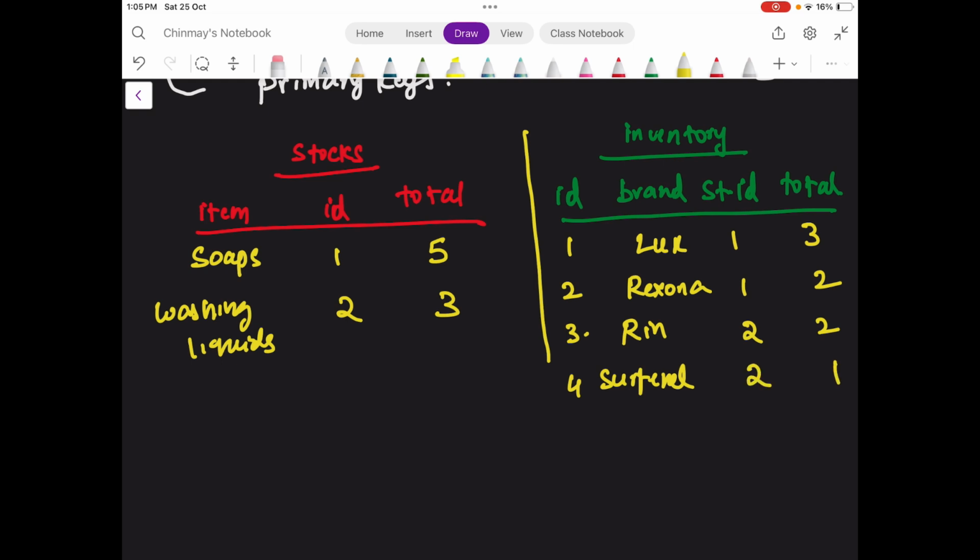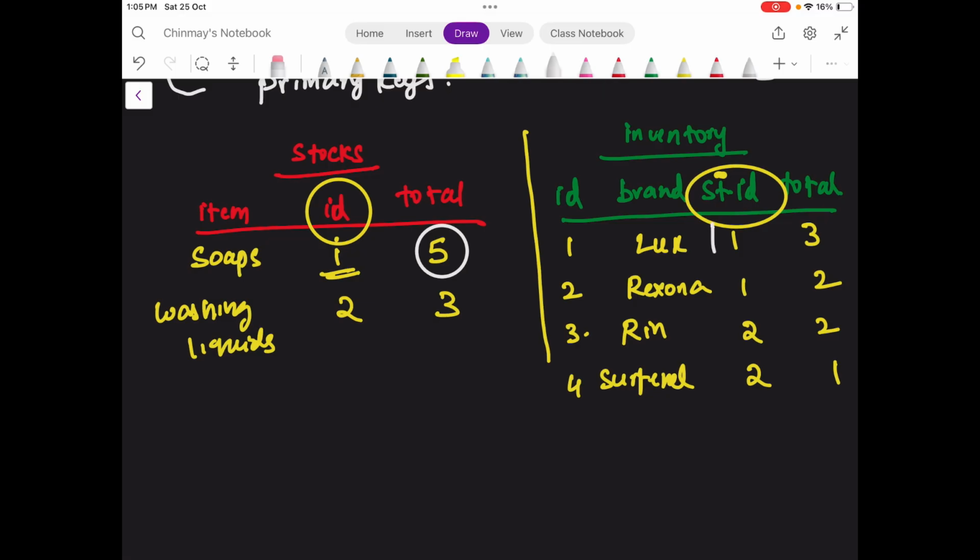What is meant by consistency? There is a relationship between this ID and this stock ID. There is a foreign key relationship between this ID and this stock ID. For example, this is ID of 1, and there are a total of 5 quantities.